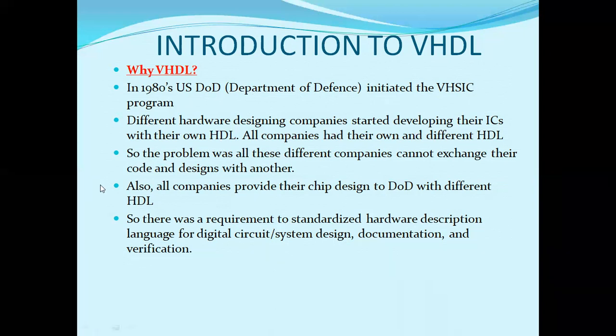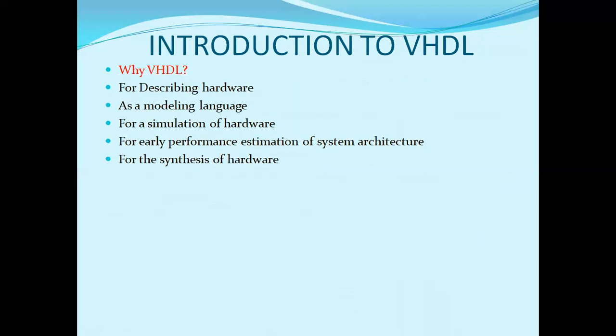The problem was that these companies could not exchange their codes and designs with each other. All these companies provided their chip designs to the DoD in different hardware description languages. So there was a requirement to standardize the hardware description language for digital circuit system design, documentation and verification. At that time, VHDL came into existence.